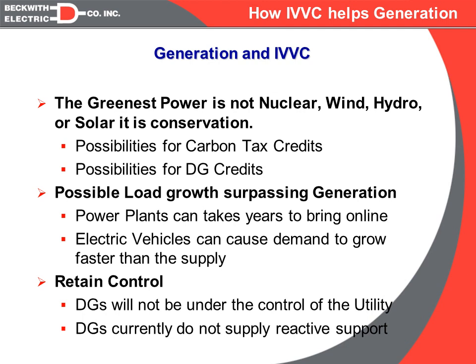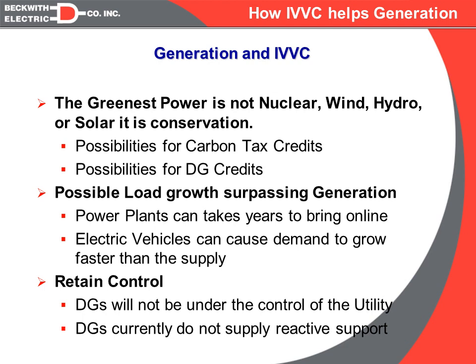So with hybrids, they really didn't have any impact on the electrical system. But with the all-electric vehicles such as the Chevy Volt, those will be plugged into the electrical system to be charged, and therefore that will increase the demands and the need for generation, unless we can offset that increase of load with a decrease somewhere else.